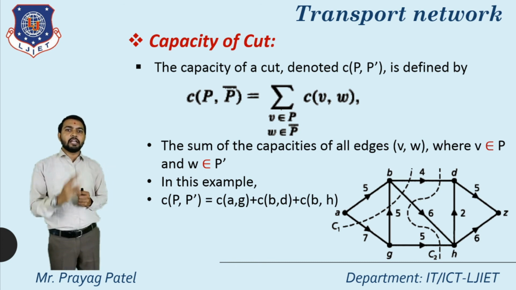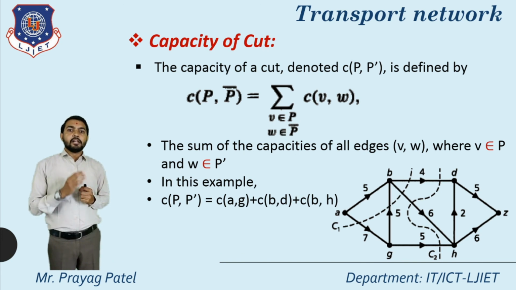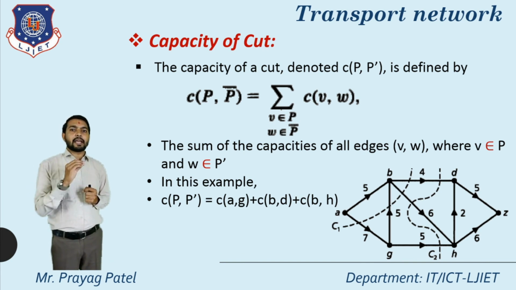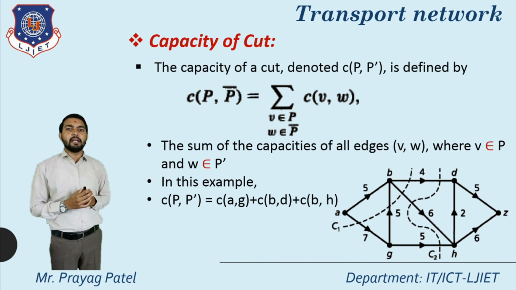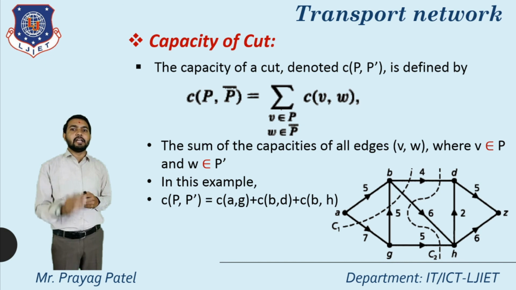Here we write only three edges because one edge is G to B. G to B is directed from G to B, which means G is found in the second set P dash and B in the first set P. So this is not possible. Your first element must compulsorily come from the first set P and the second element must be in the second set P dash. So this is not satisfied, and here we write only three edges.